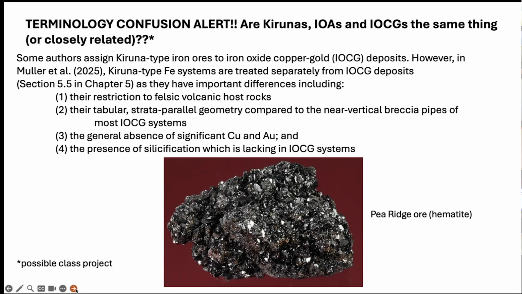So I guess what I'm trying to signal to you is, if you're confused, you're not the only one. But the book, Miller, will talk about these in chapter 5. And they treat Kirunas as different than IOCGs.